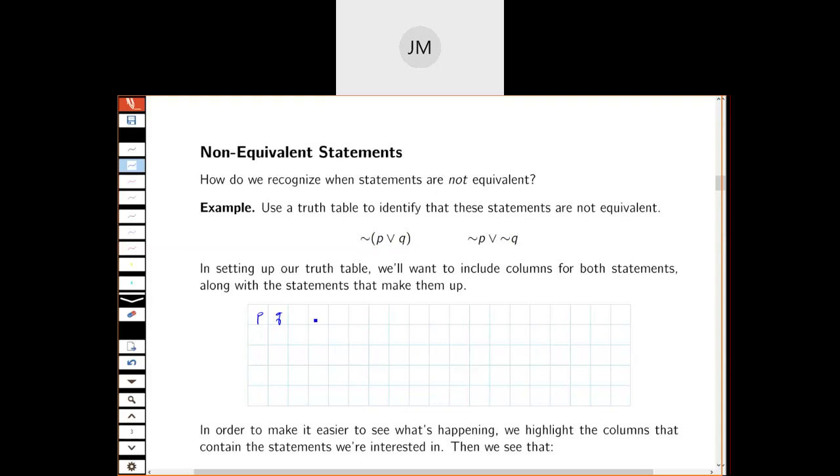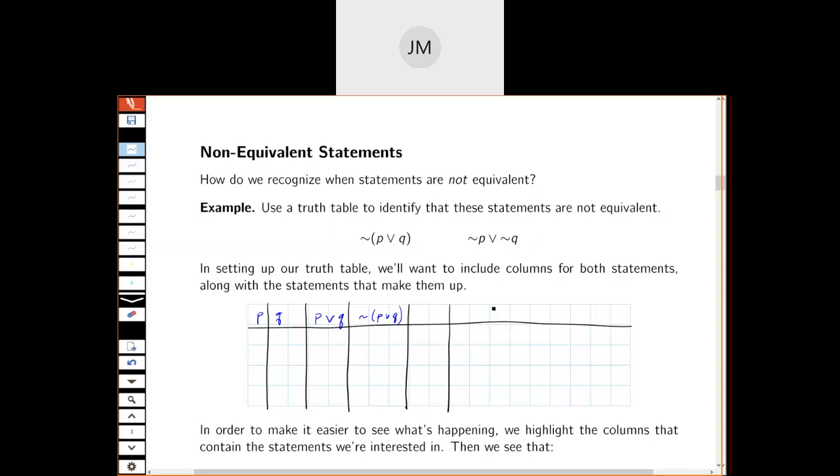So we'll say, okay, I'm going to find a P or Q statement. Okay, and then I can throw a not on there so that I'm only doing one step at a time. Okay.